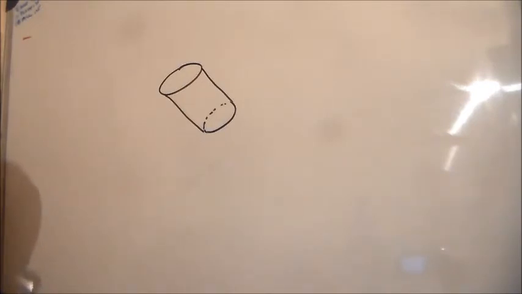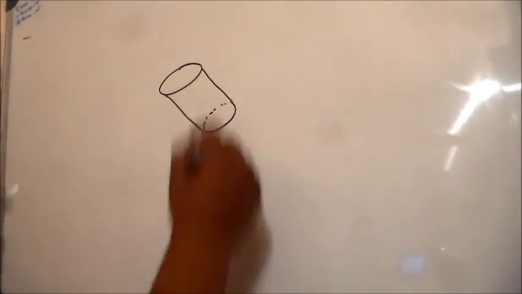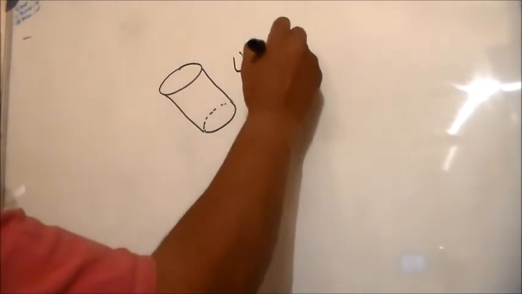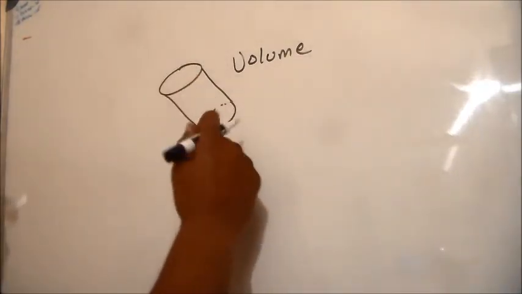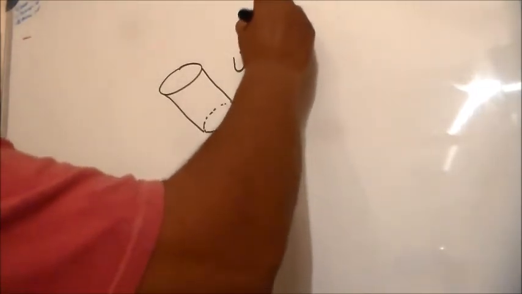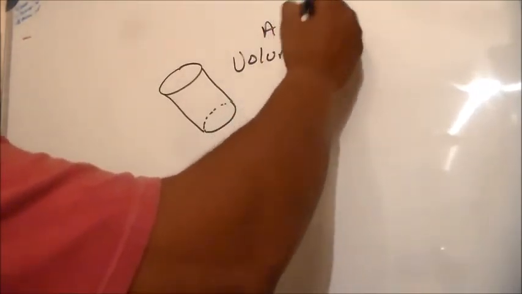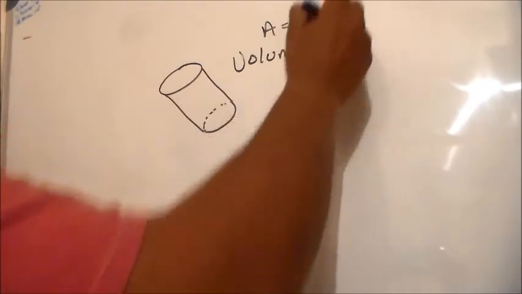All right, so if we were to find the volume of a cylinder, it's funny, because if we remember the area of a circle, and we've got two circles here, the area of a circle was pi r squared.